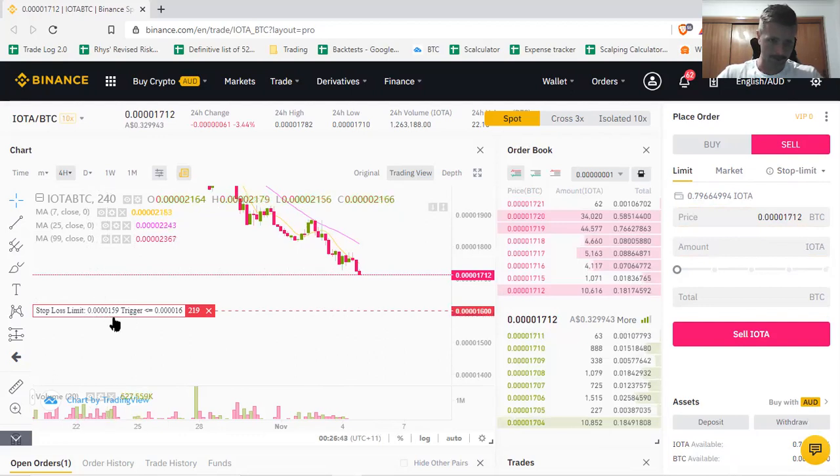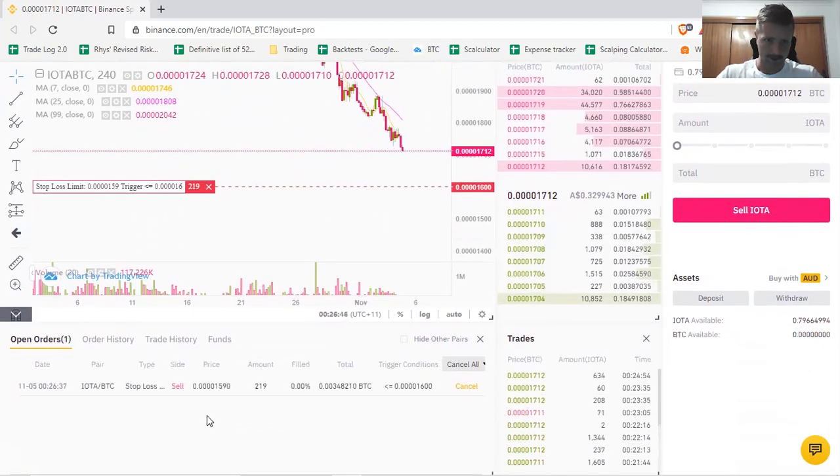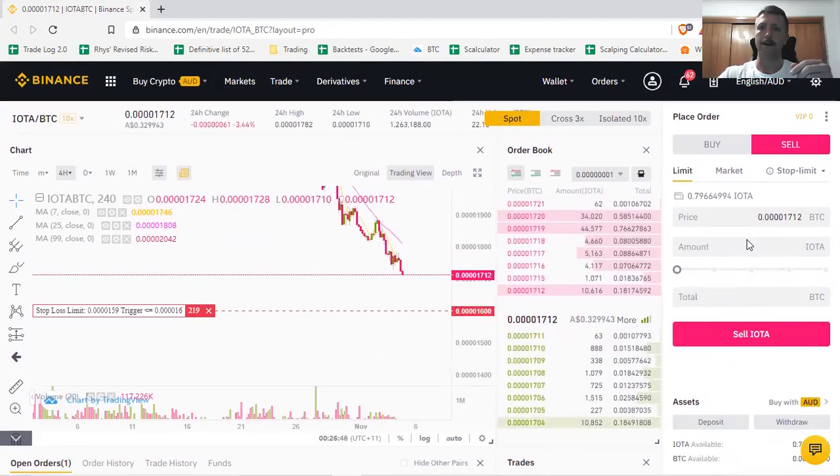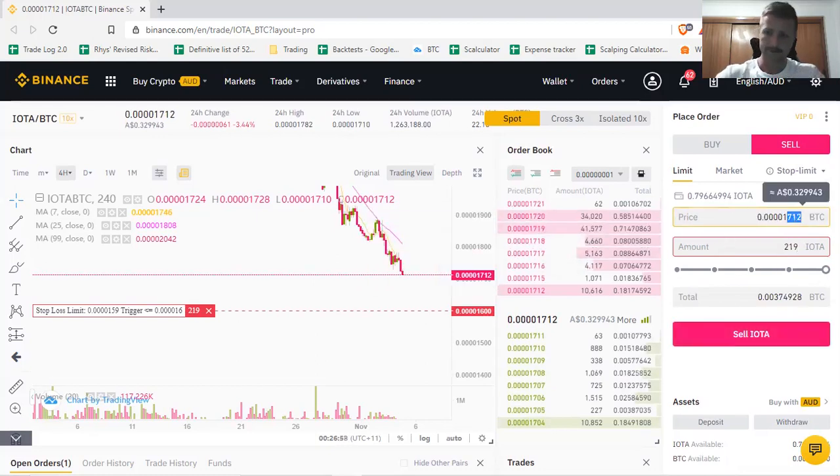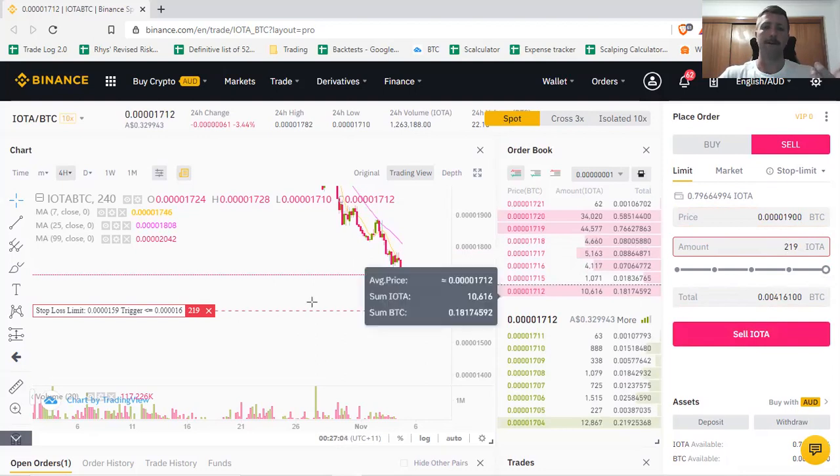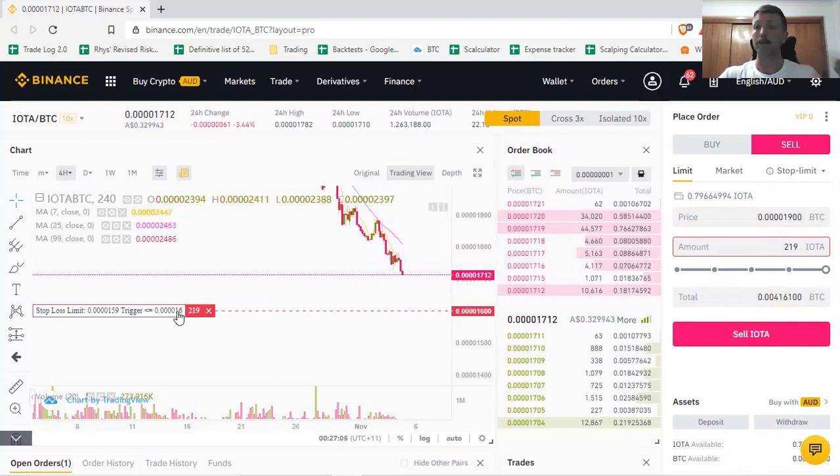That was for 219 IOTA. You'll notice that Binance won't let me sell 219 IOTA at, let's say, 1900, because it's saying you don't have 219 IOTA because they're all tied up in my stop loss.